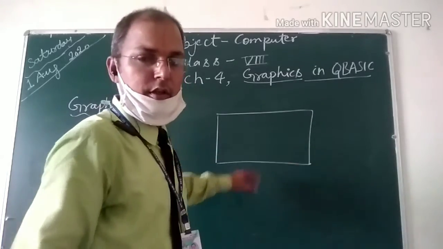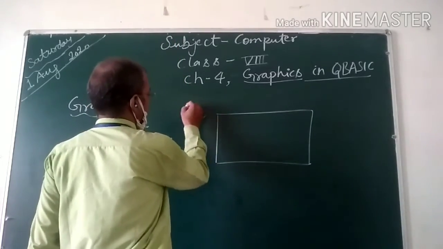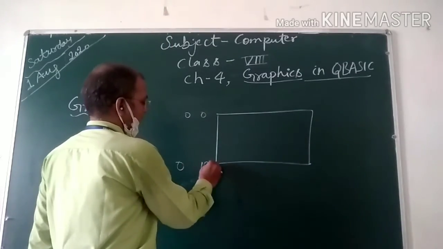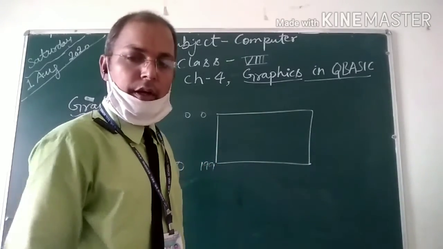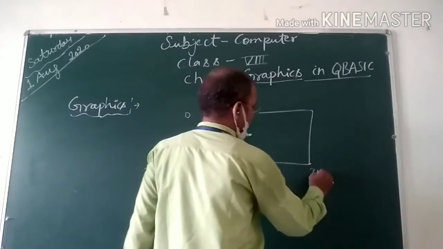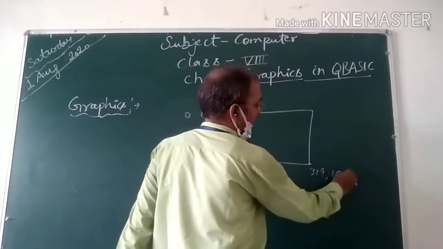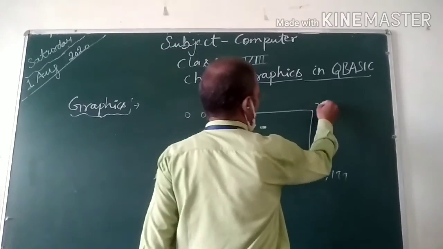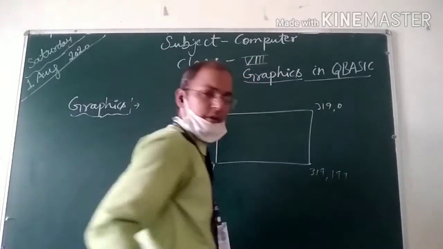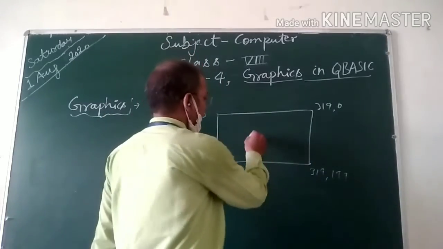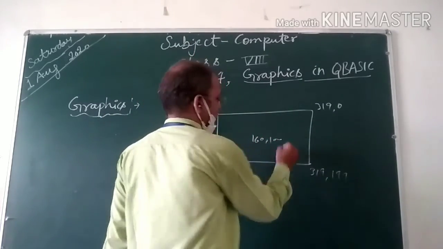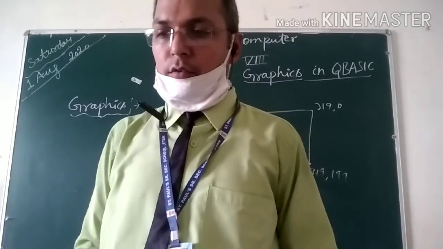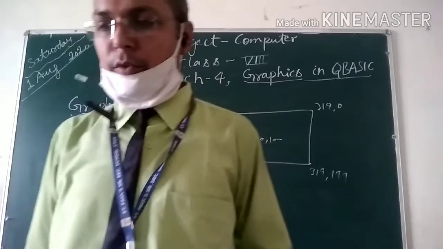The corners are upper left 0,0, lower left 0,199, lower right 319,199, upper right 319,0, and the center 160,100. A pixel refers to a single dot in a graphics image.